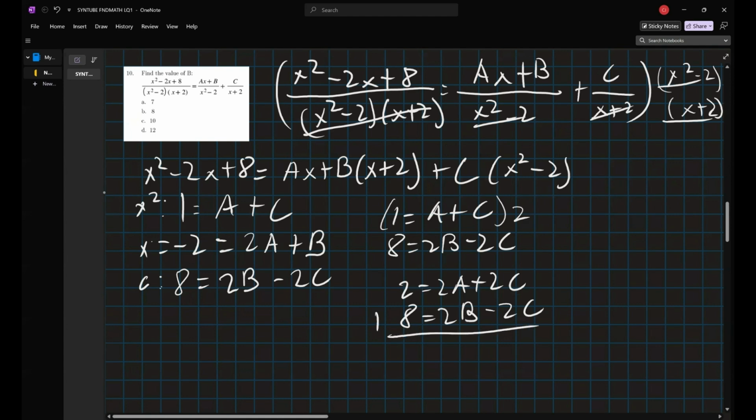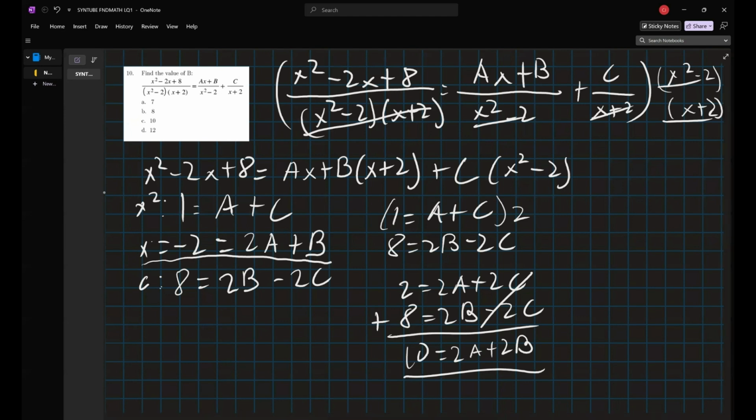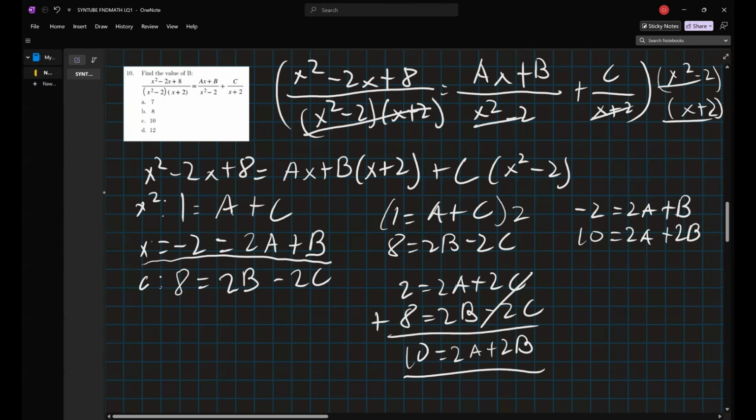Next, what we want to do is add both equations. That would give us 10 equals 2a plus 2b. Cancel this. Now we can use this equation with our equation for x so that we can solve for b. Now, to do that, we have -2 equals 2a plus b, and 10 equals 2a plus 2b.